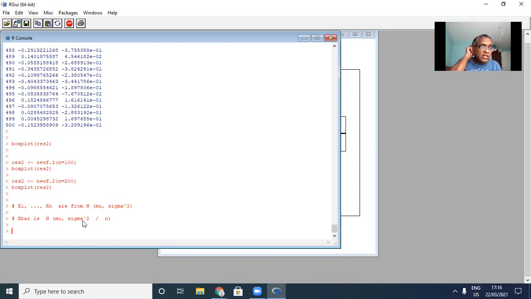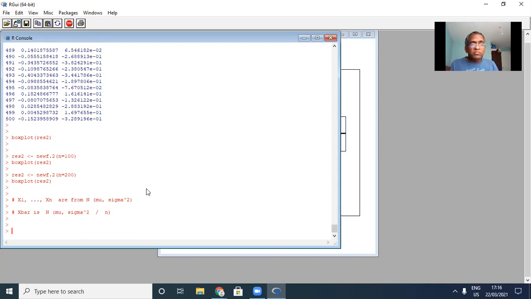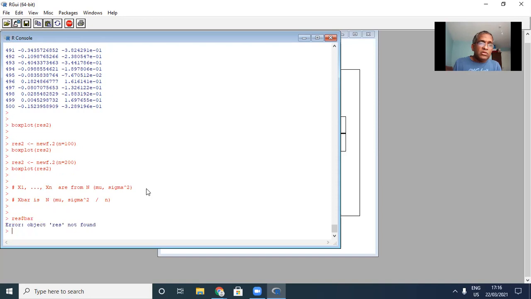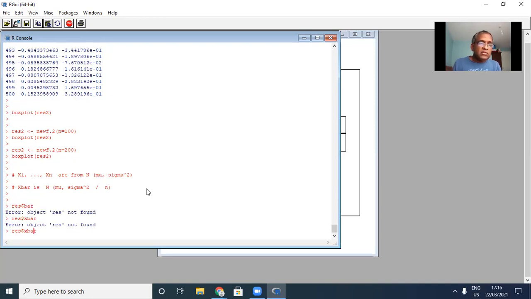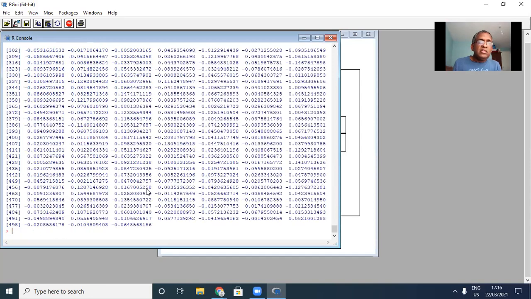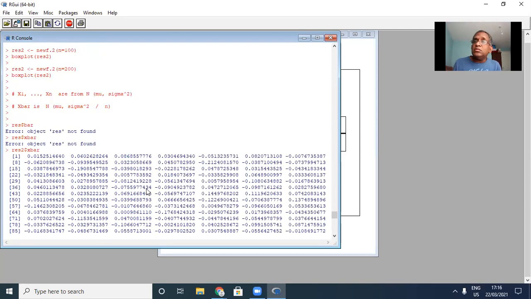Now what I'm going to illustrate is this. These x bar are the values of the sample mean.